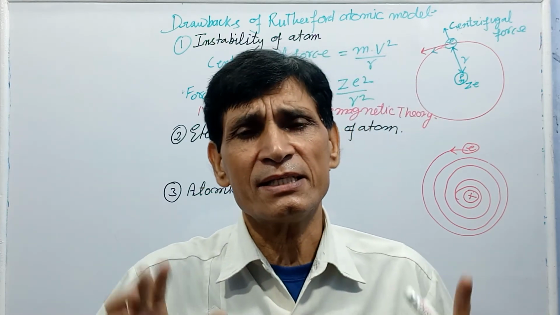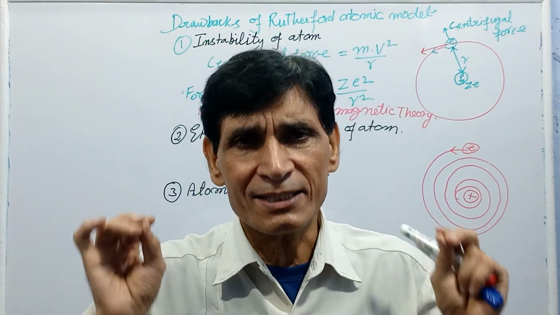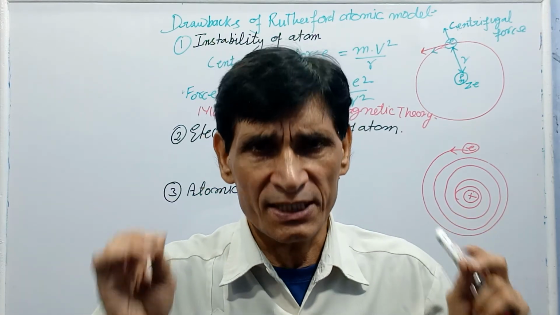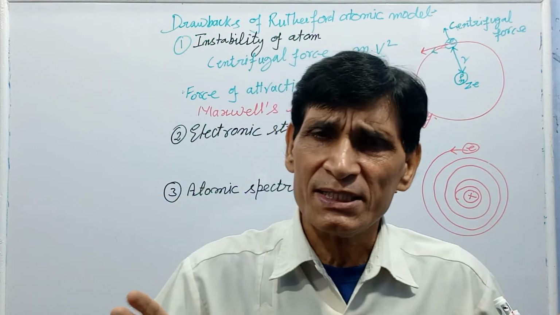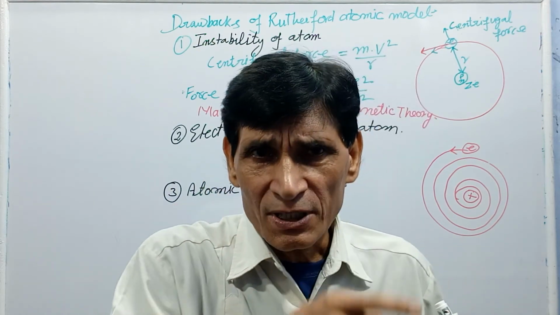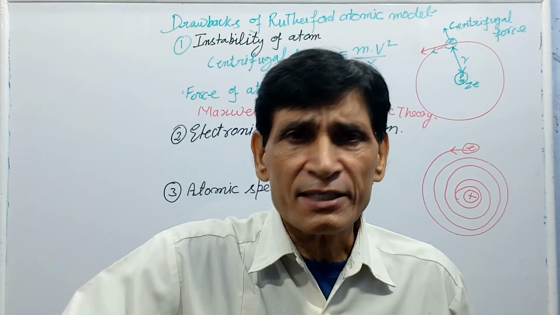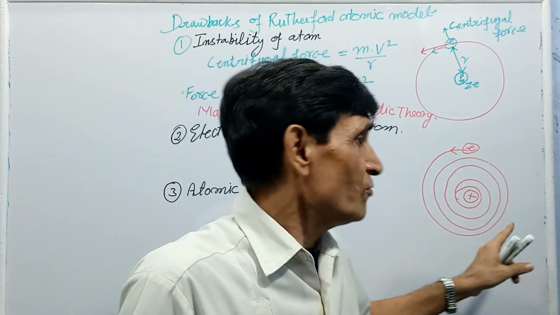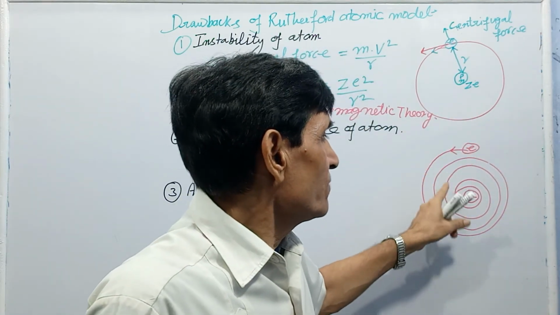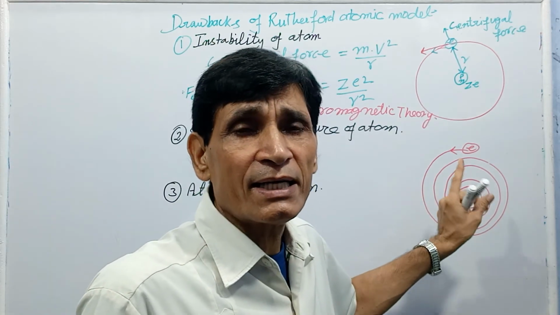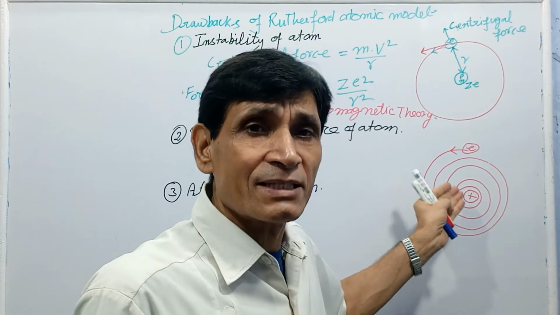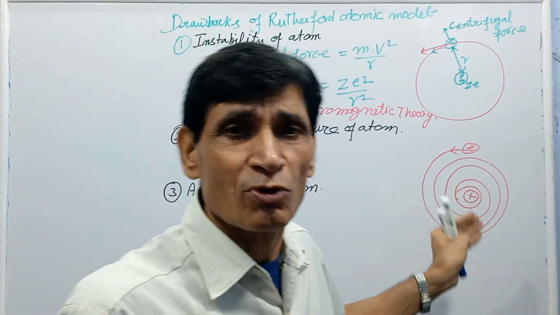Hence this is accelerated motion, this is an accelerated charged particle. It must lose energy in the form of radiation. Because of this reason, it will come slowly nearer and nearer to the nucleus, and a stage should reach when it will fall into the nucleus and atom should collapse. But it doesn't happen. Atom should never collapse.